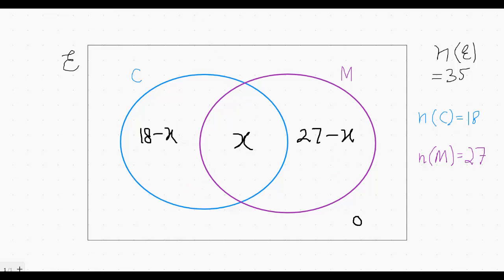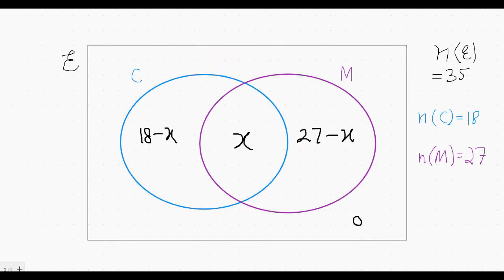As we are summing all the regions, we call this a sum problem involving 2 sets.